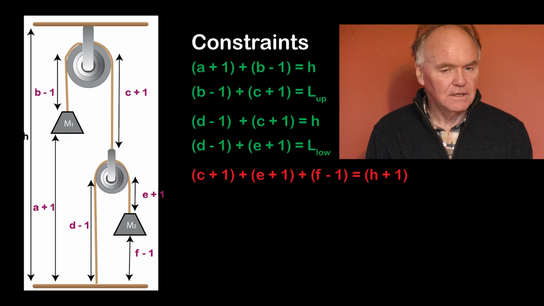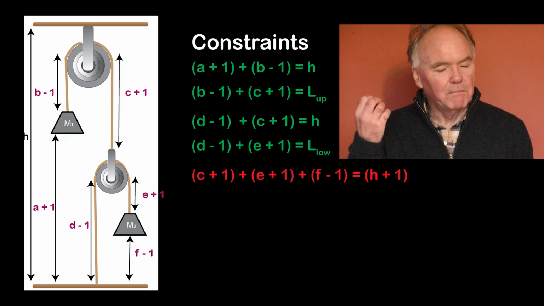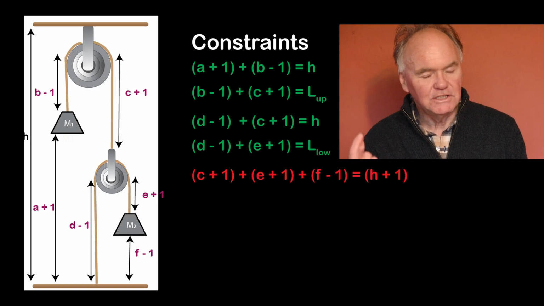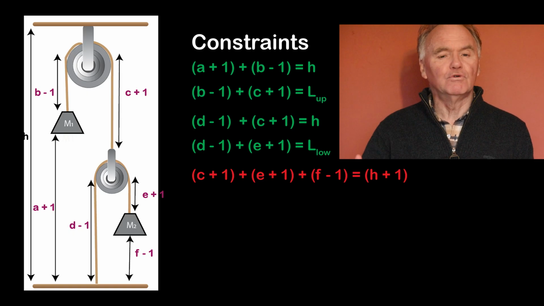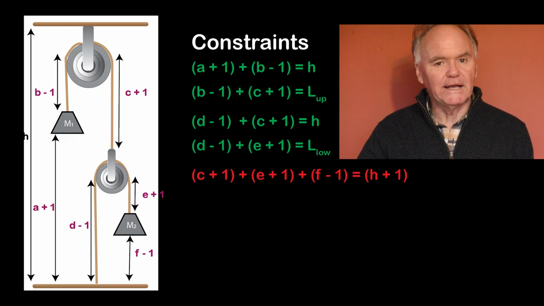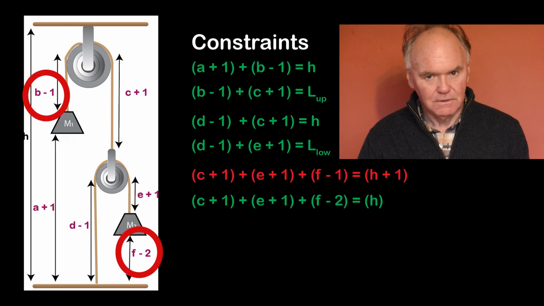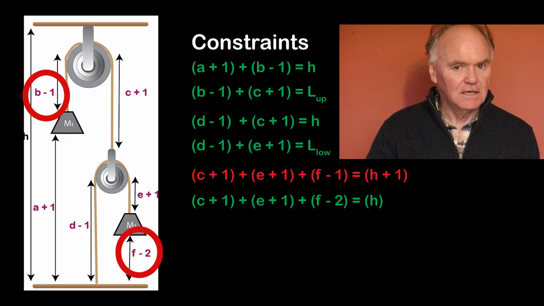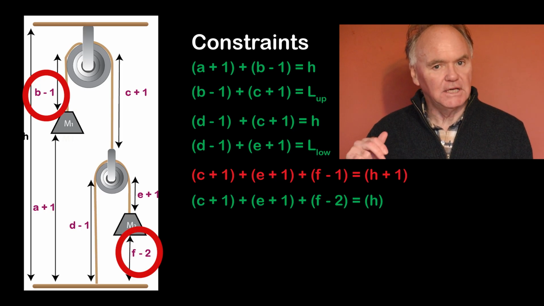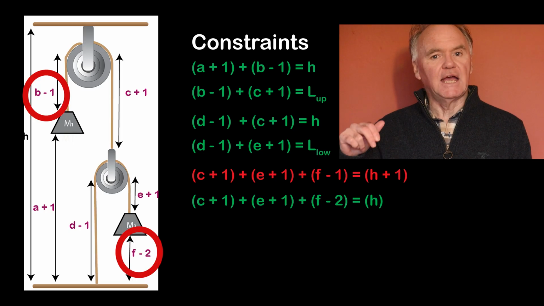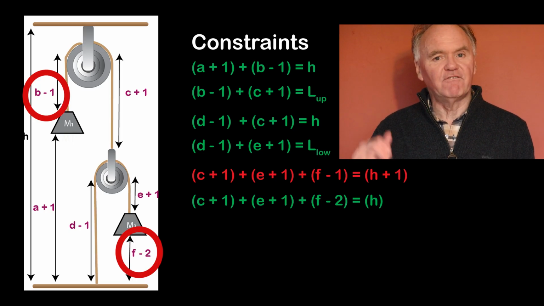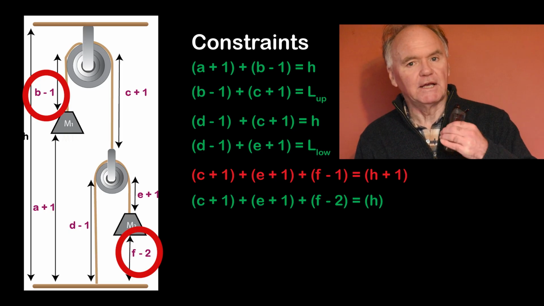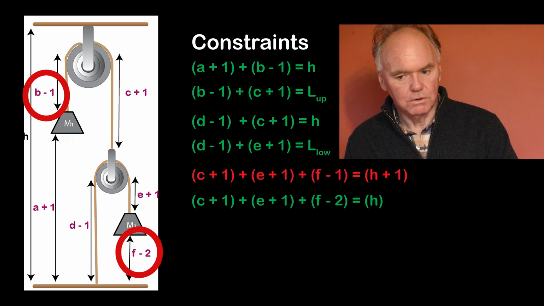So in other words, when the mass on the left rises by 1, the mass on the lower right must fall by 2. So it's not C plus 1 plus E plus 1 plus F minus 1, it is plus F minus 2, to make the constraint equation hold.